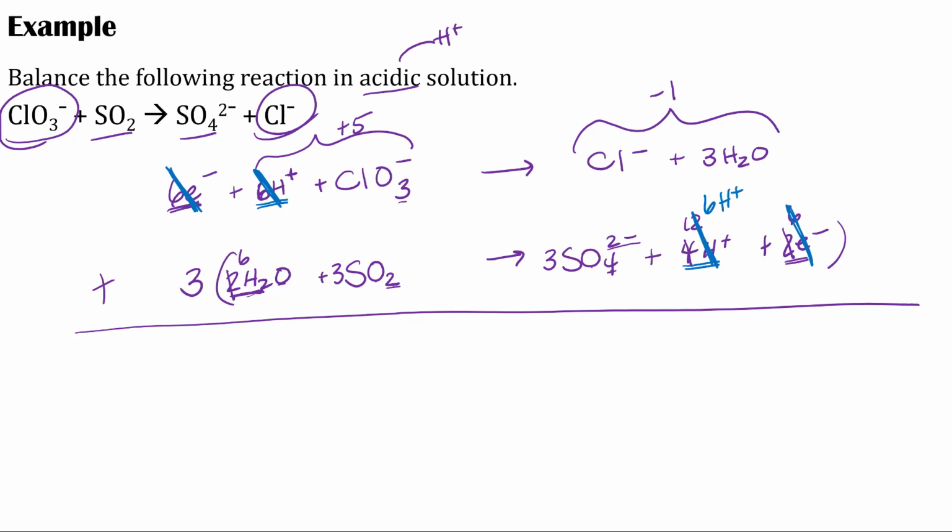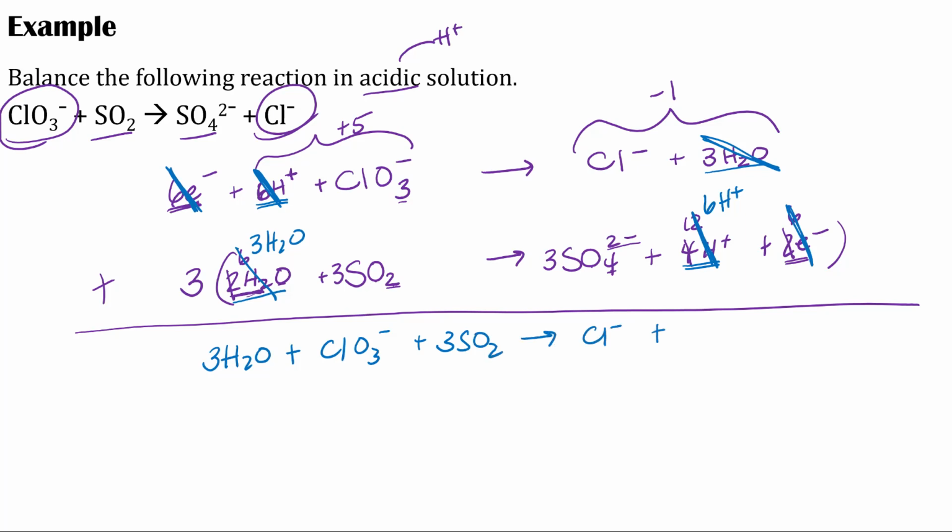And then we have 3 waters and 6 waters, so those 3 waters will cancel out and we'll get 3 waters left behind here. So then when I add them all together, I get 3H2O plus chlorate plus 3 SO2s goes to chloride plus 3 sulfates plus 6 hydrogen ions.